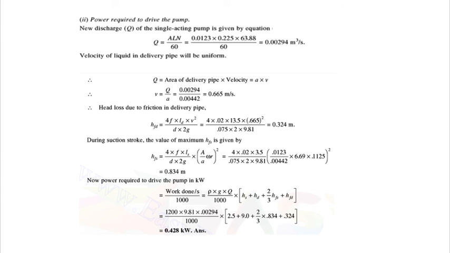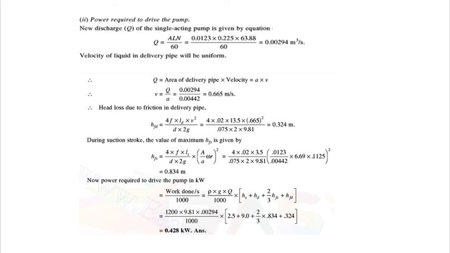So HFS, we know this formula. We can put all the values here and we can calculate HFS, that is 0.834 meter. HFD, head loss in delivery pipe, is this, and head loss in suction pipe is 0.834 meter.